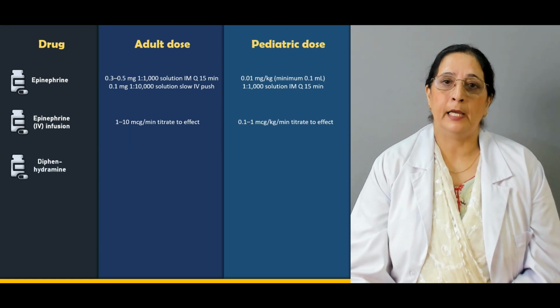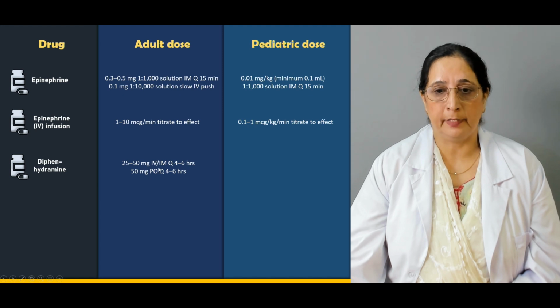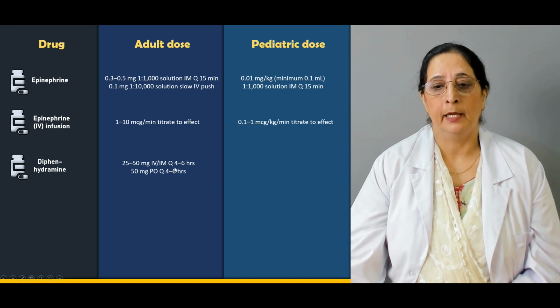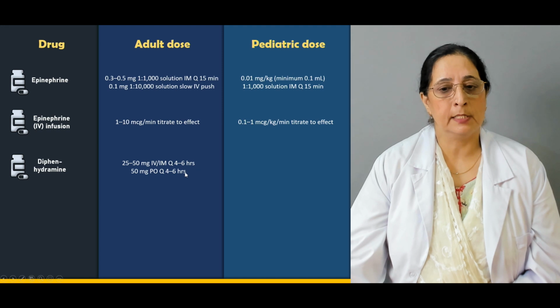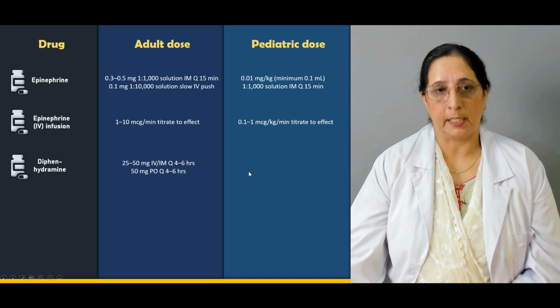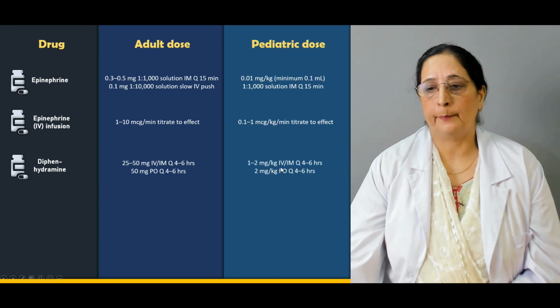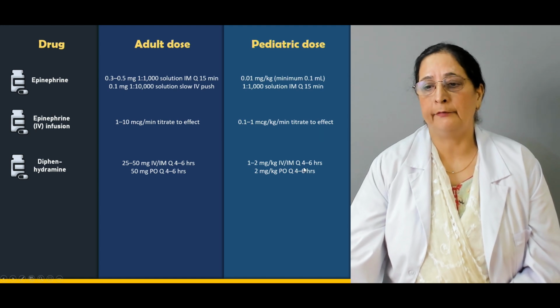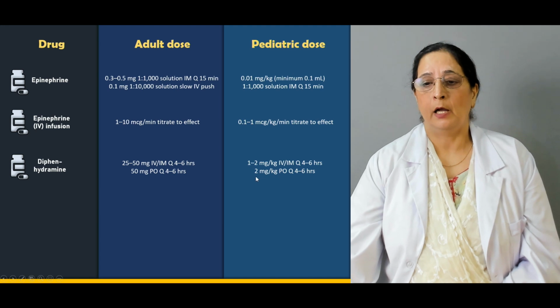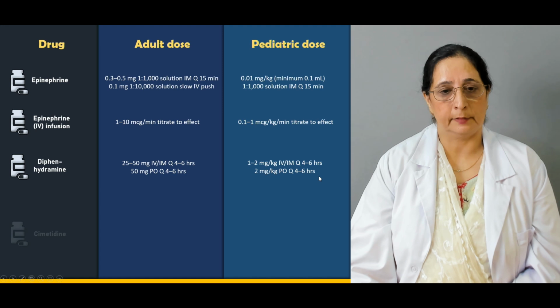Then diphenhydramine, 25 to 50 milligrams intravenously or intramuscularly every 4 to 6 hours, and 50 milligrams orally every 4 to 6 hours. In children, 1 to 2 milligrams per kilogram intravenously or intramuscularly every 4 to 6 hours, and 2 milligrams per kilogram orally every 4 to 6 hours.